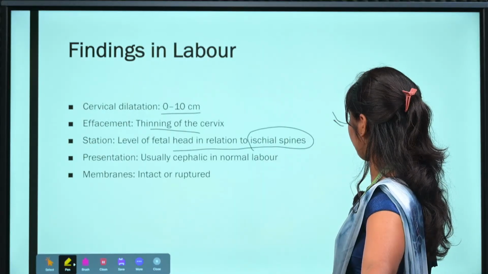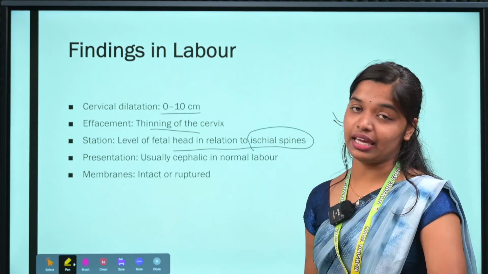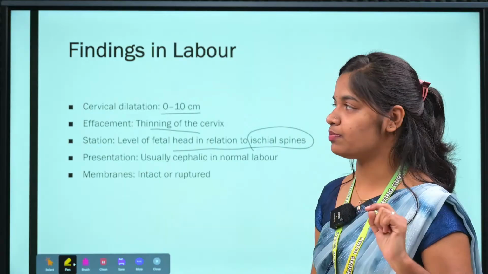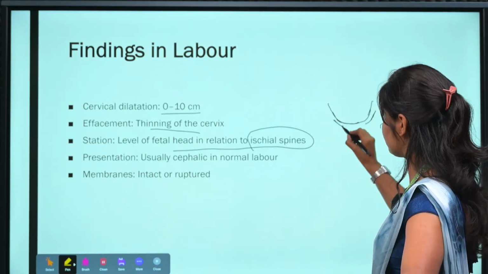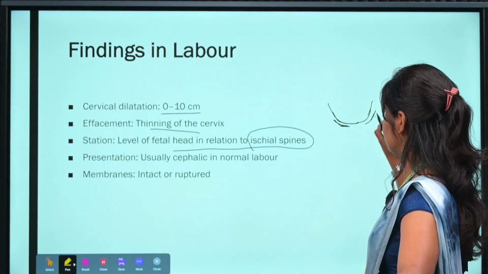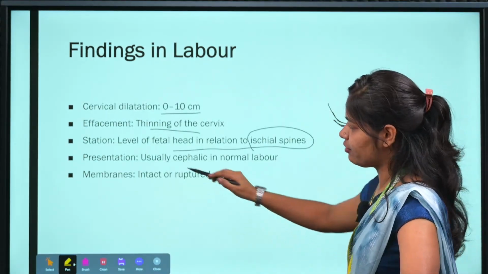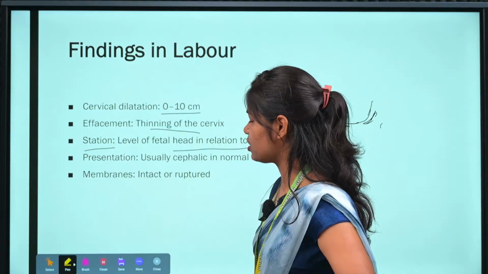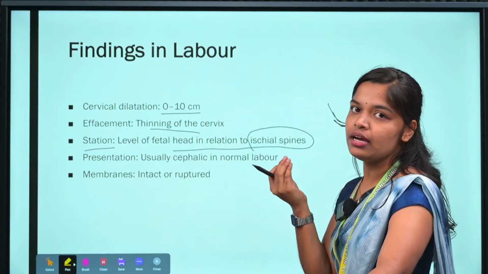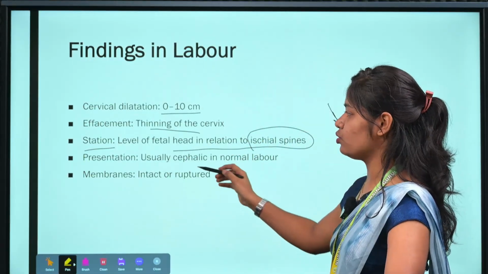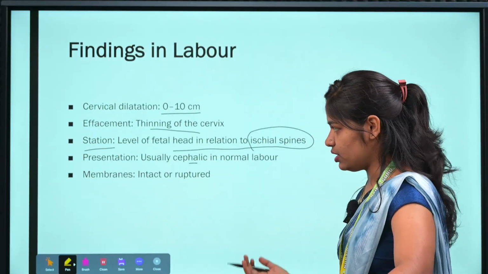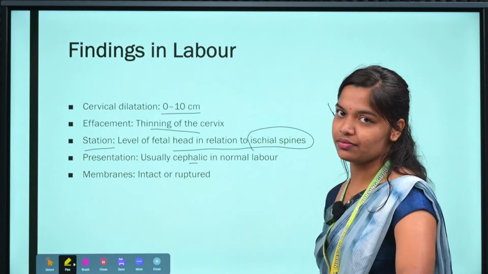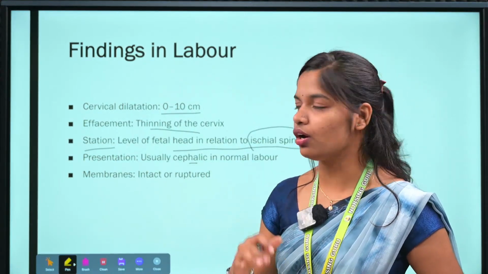At the time of engagement, in the normal labor mechanism, the first point is engagement. Here the fetal head will be fixed at the ischial spines, that we call station. To assess that also, we do the per-vaginal examination, and to assess the presentation, it may be cephalic or malpresentation, and to assess the membranes, whether ruptured or intact.